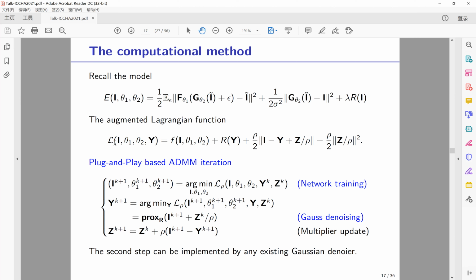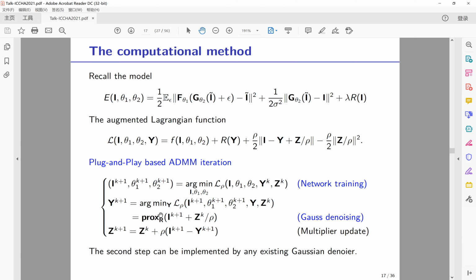In the ADMM solver, we know that there are 3 steps. The first step is what we call the network training, which means that here we can train our networks, the encoder and the decoder. And the second step is that here we only leave Y as a variable. So this is relaxed to the proximal operator of this regularization term.